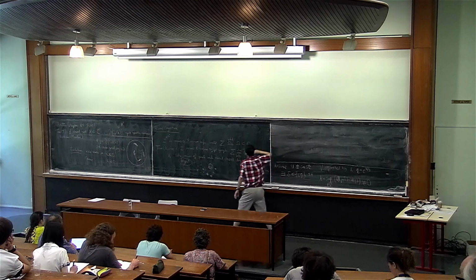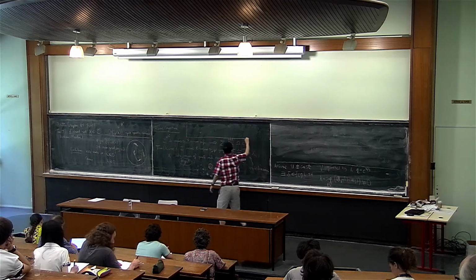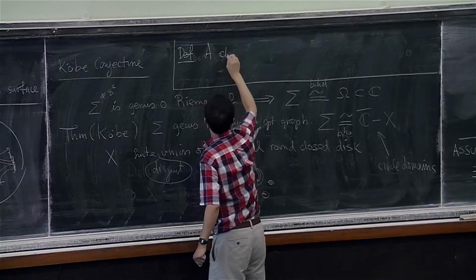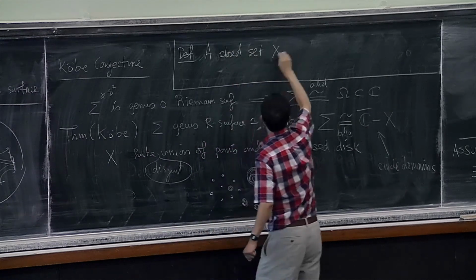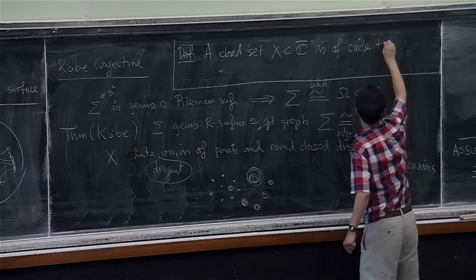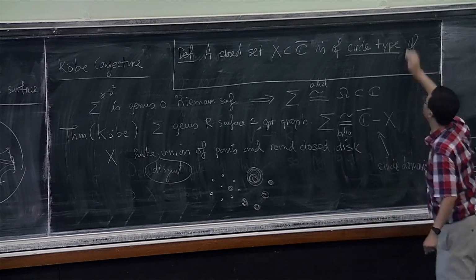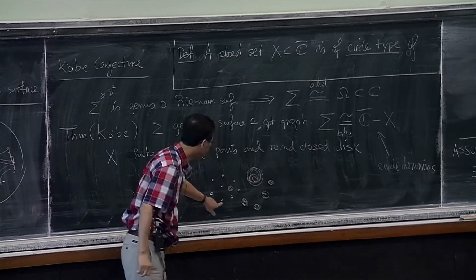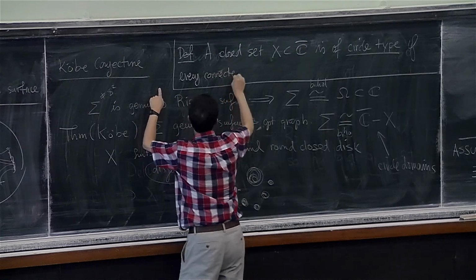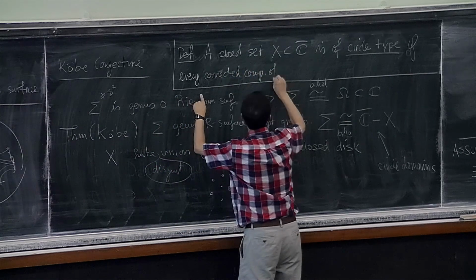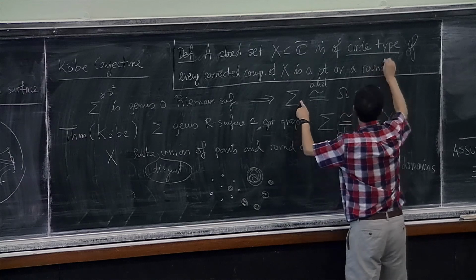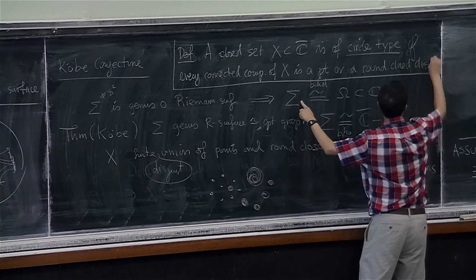Let me make a definition. A closed set X in the Riemann sphere is of circle type if every connected component of X is a point or a round closed disk.